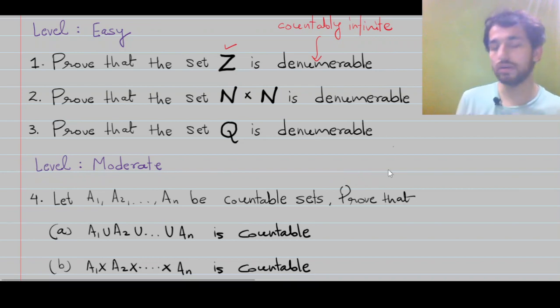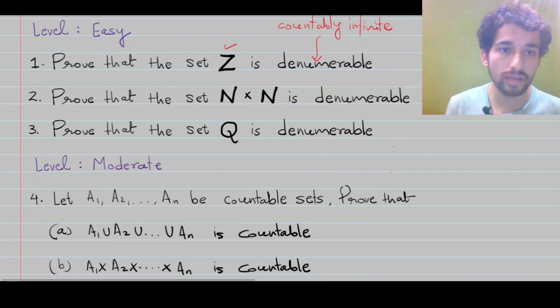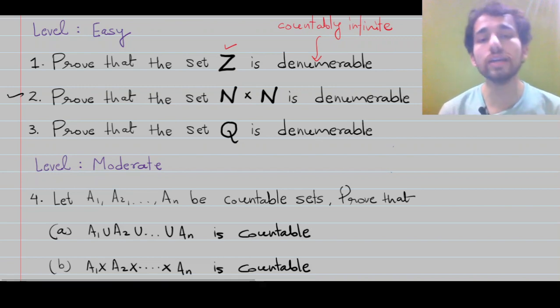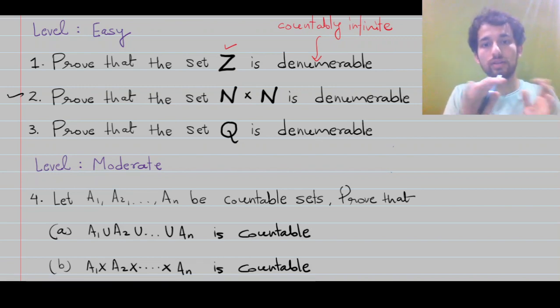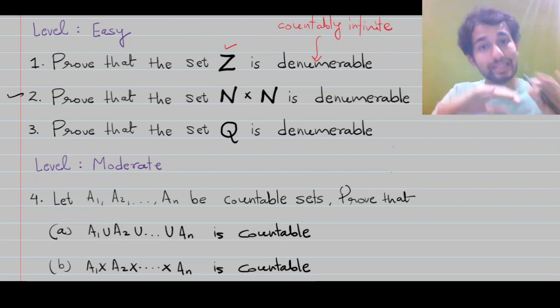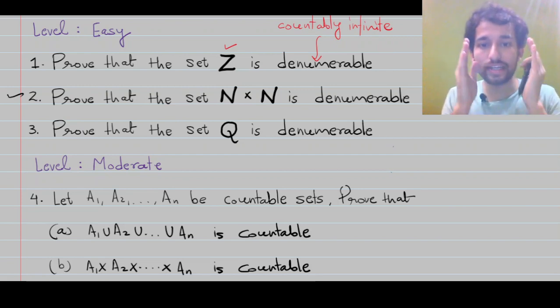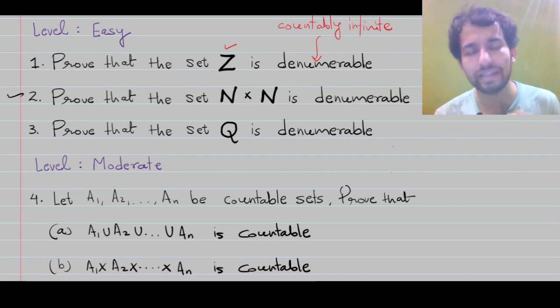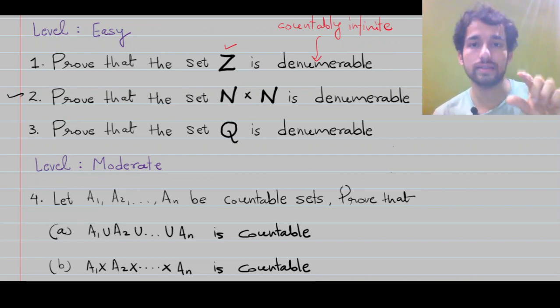Because you have to prove this, I would say that the notion you used to prove the second exercise, you can use to construct a map in a similar fashion to prove that the set Q of rational numbers is denumerable, or countable. Denumerable means countably infinite. So again, try to construct such a map.